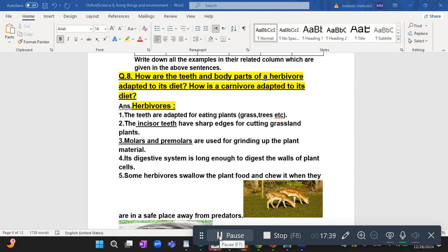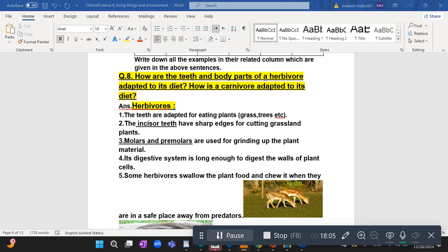Next question, question number 8. How are the teeth and body parts of a herbivore adapted to its diet? How is a carnivore adapted to its diet? Herbivores. Number 1. The teeth are adapted for eating plants, grasses, trees, etc. The incisor teeth have sharp edges for cutting grassland plants. Number 3.